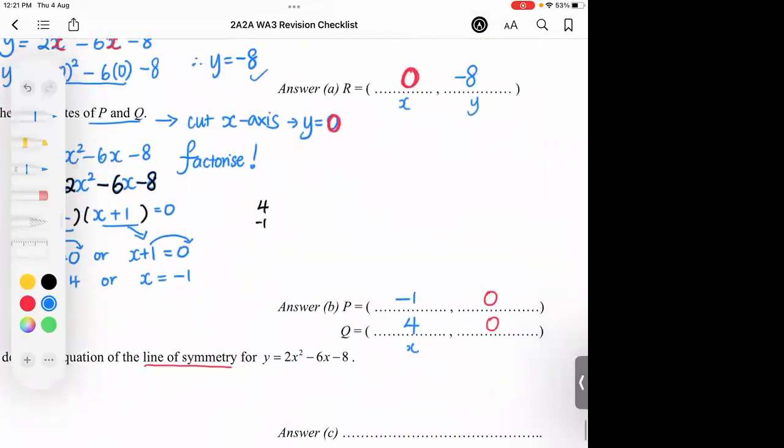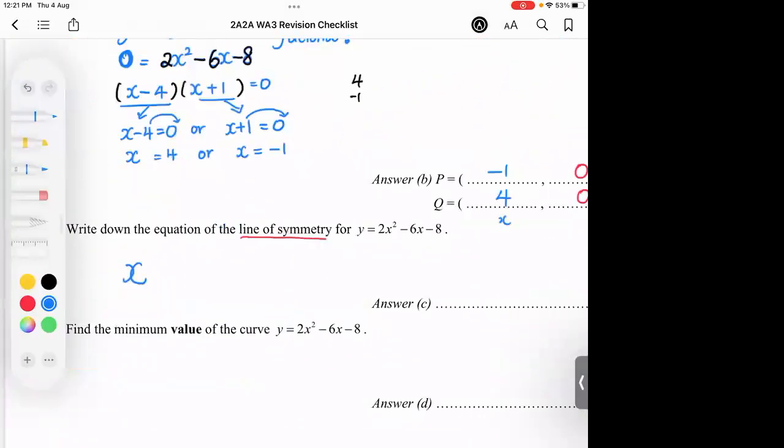So the equation only cuts the x-axis, so it must have the letter x equals. Then we say the number is -1, the other number is 4. Add them together, divide by 2. I get my answer 1.5, or rather 3/2 or 1.5.